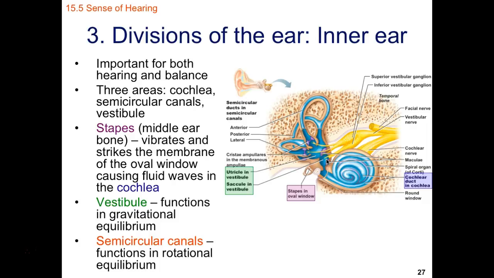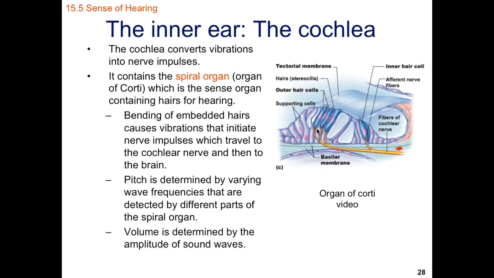And then your semicircular canals that we mentioned earlier are going to help with rotational equilibrium. So if you are sitting in a Ferris wheel, or if you're at Disneyland in those teacups spinning around and around in circles, your semicircular canals are at work. Or even just turning your head side to side.